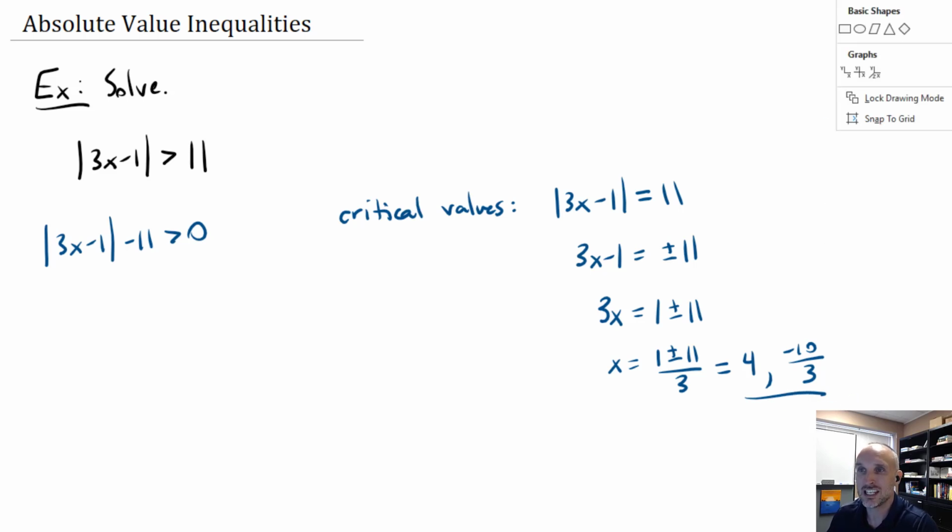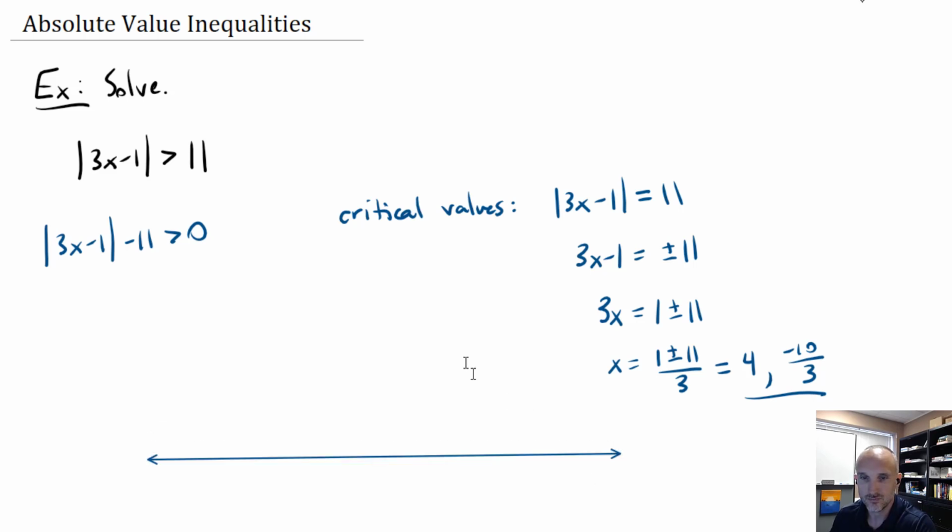We need to see on our sign chart which intervals between these critical values make this inequality true.